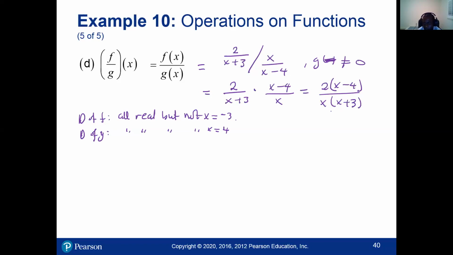If I look at the denominator here, x times x plus 3, set it to 0, you have x equal to 0 or x plus 3 equal to 0. Now you notice that the part x plus 3 comes from the domain of f. But the only difference, the extra, is x equal to what? 0.